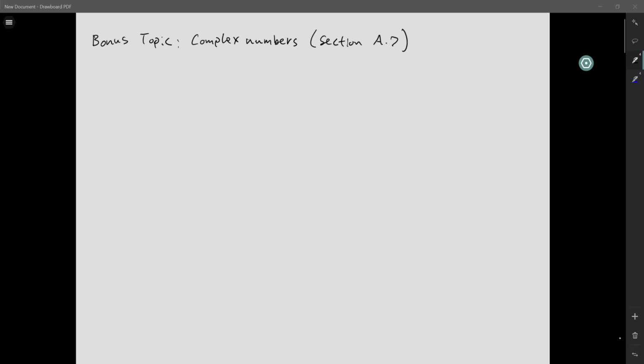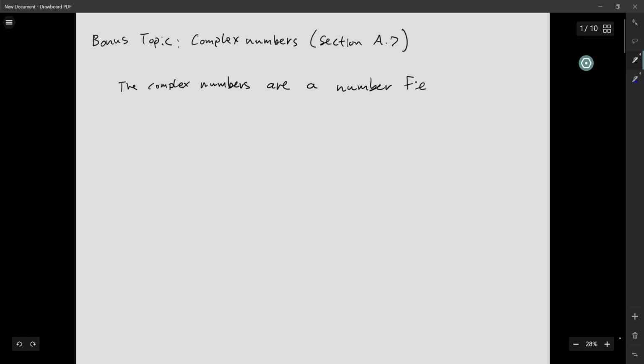So we'll start off with what they are. The complex numbers are a number field. Which means two things. It's a number field because it has numbers in it.